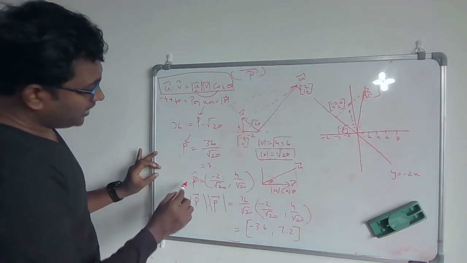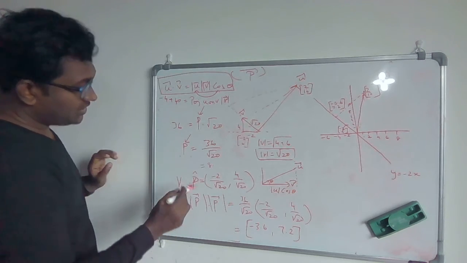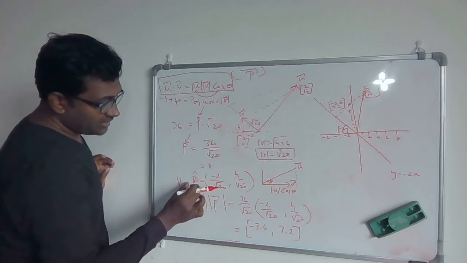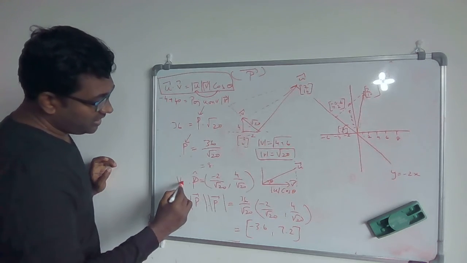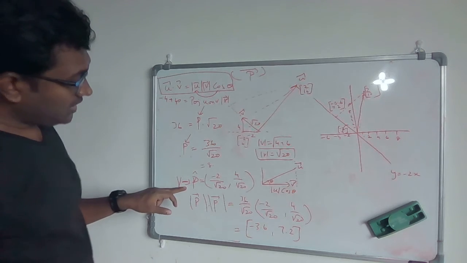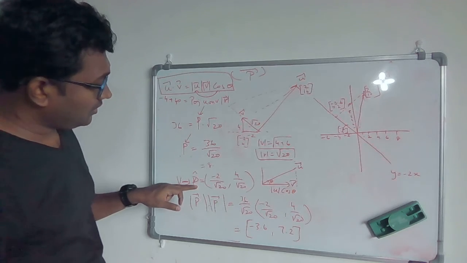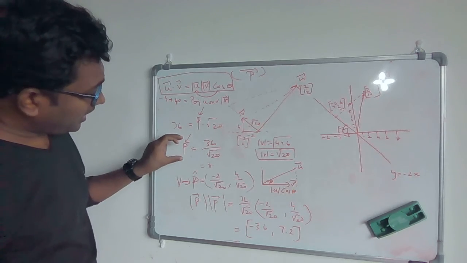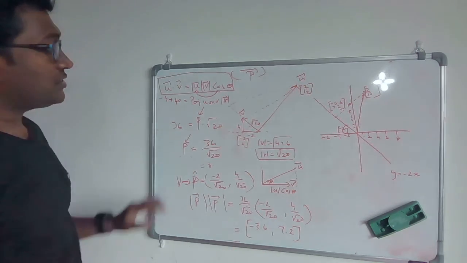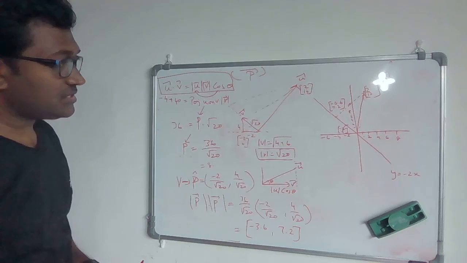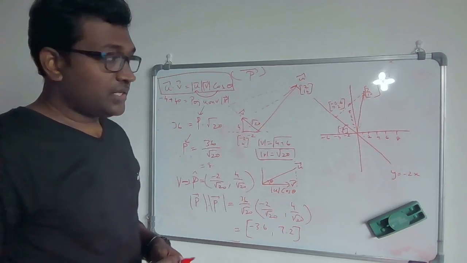The direction of the v vector is the same as the direction of the p vector. So we take the unit vector from v and make it the direction component of the projection vector. If you multiply the magnitude of this projection, you get the same values, 3.6 and 7.2. This is another way of validating our findings. Just revisit it one more time, probably you will get it. Okay, so thank you.